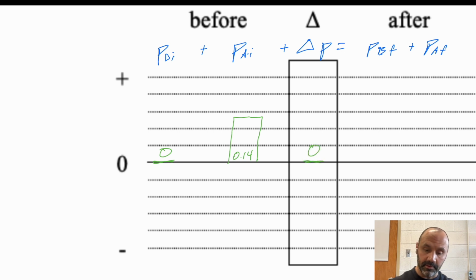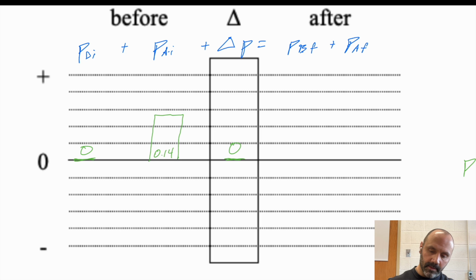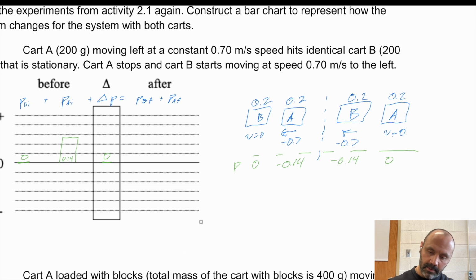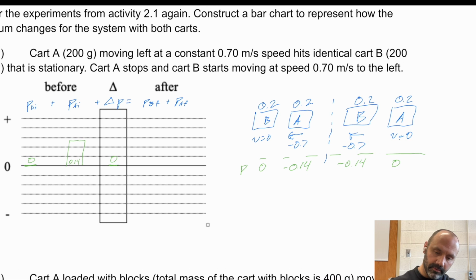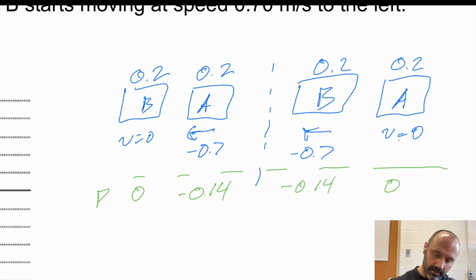It's the same before and after. And then afterwards, oh, actually, do I want to make this negative? You know what? Let's just do it like we did before and make it positive. By the way, you may notice I did change the masses from 200 grams to 0.2 kilograms. We've established that kilograms is the standard unit for momentum, so that's what I put in there.